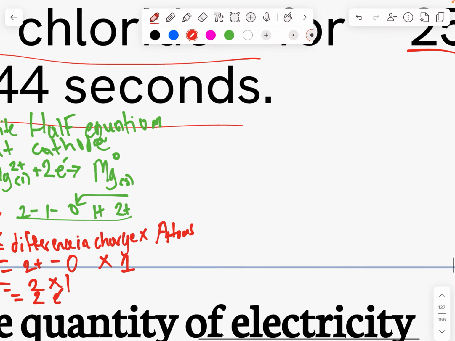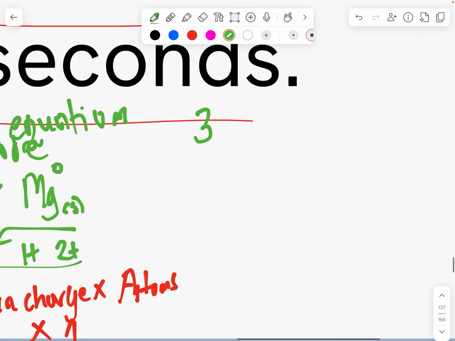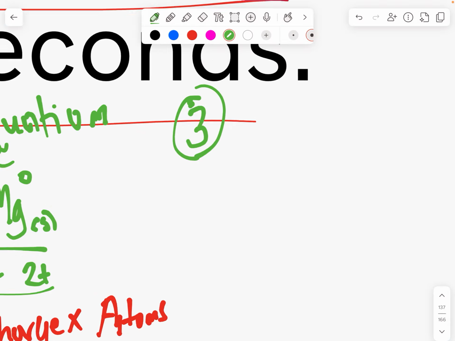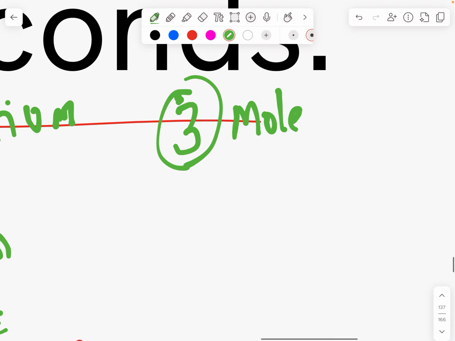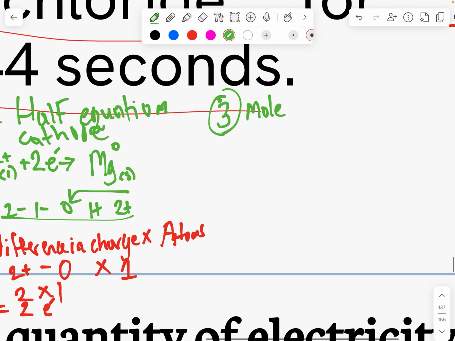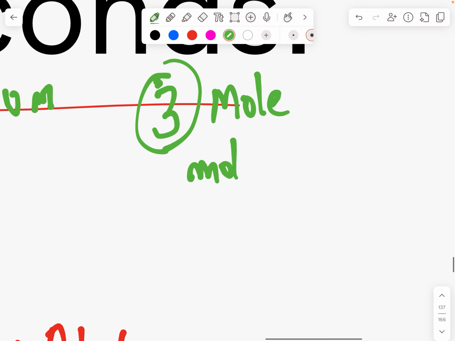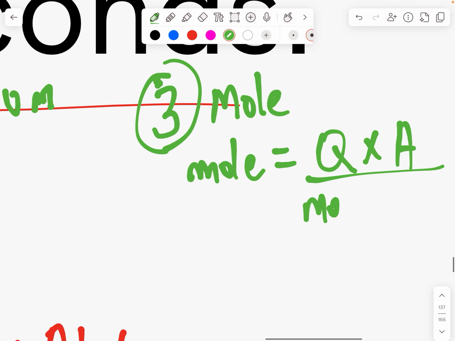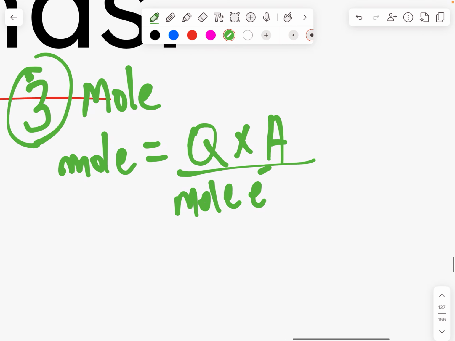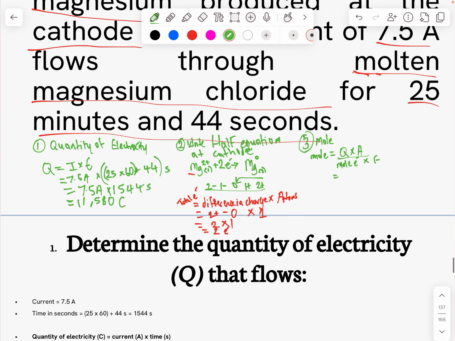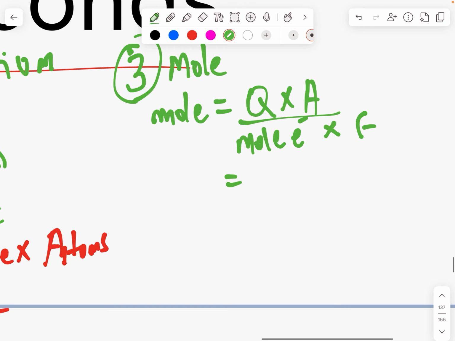Now look at what I'm going to do for step 3. Step 3, we are going to be calculating the mole, because we need to get to the mass. For the mole in electrolysis, mole equals Q times A over mole of electrons times Faraday's constant. The value of Q that we got earlier was 11,580 coulombs, times the amount of atoms.